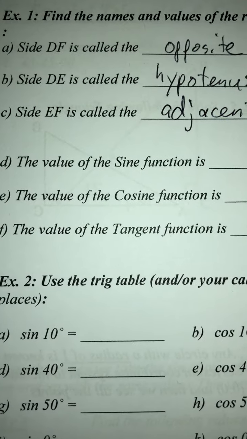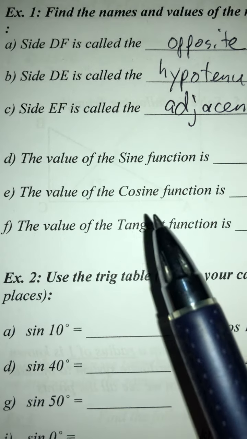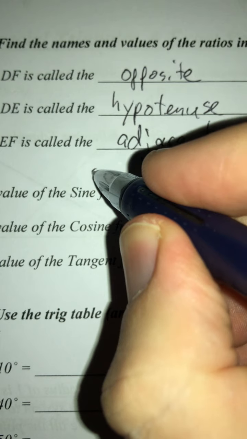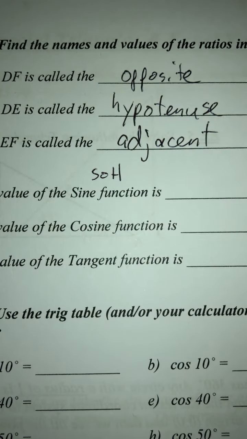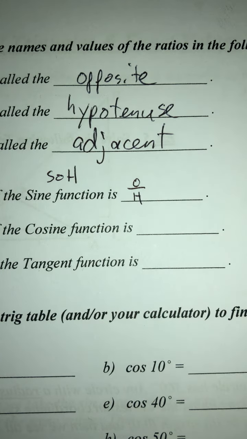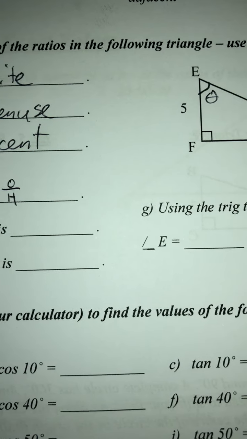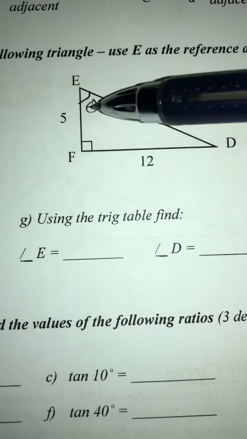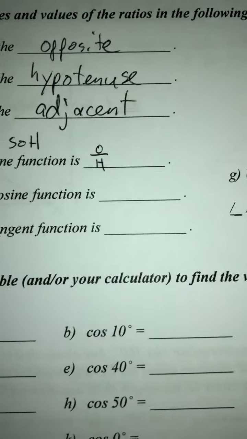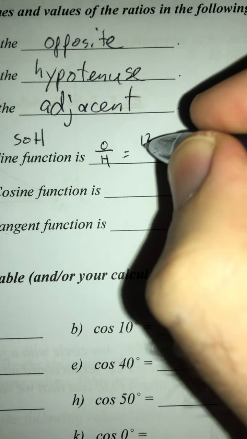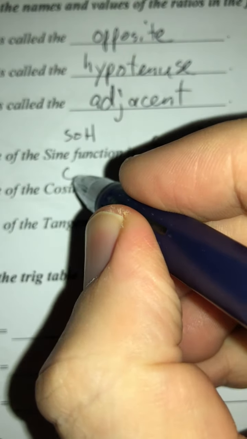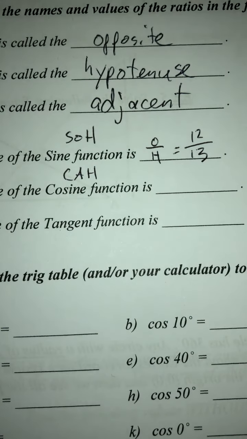And if we want to look at the value of the sine function, so remember with SOHCAHTOA, this one is SOH. So we want opposite over hypotenuse. So if we look at our triangle, opposite is 12, hypotenuse is 13. So this is going to be 12 over 13. Cosine is this.